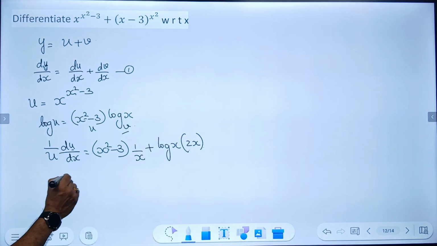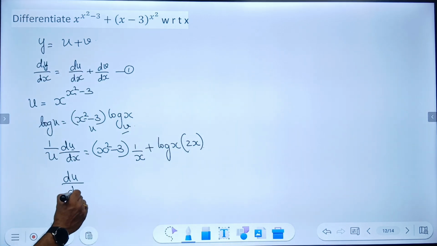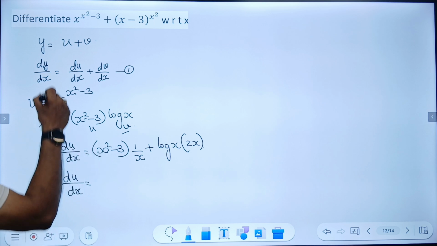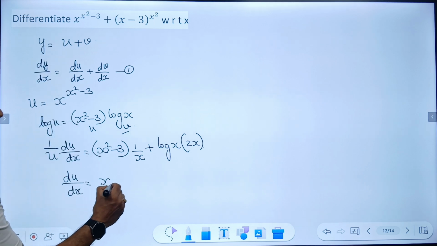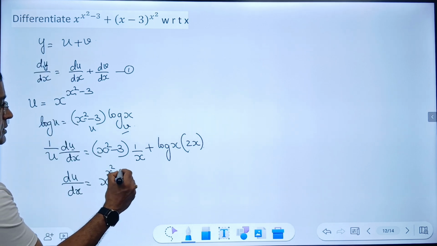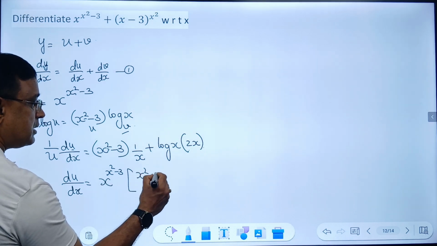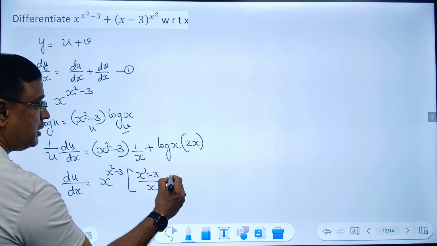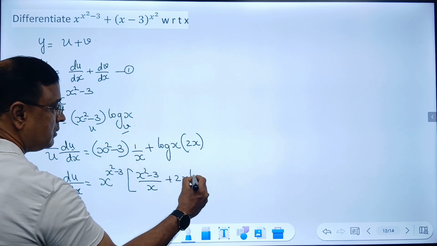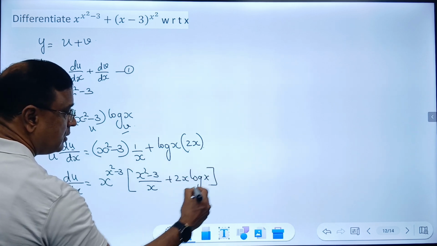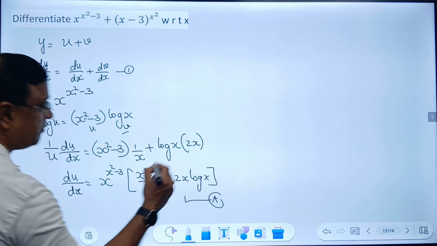Okay. So now what is du by dx? Du by dx will be u into, what is my u? X power x square minus 3 into x square minus 3 by x plus 2x log x. Call this as a.